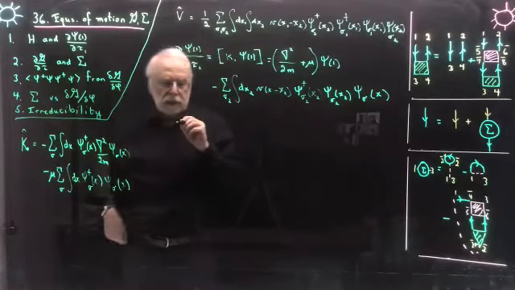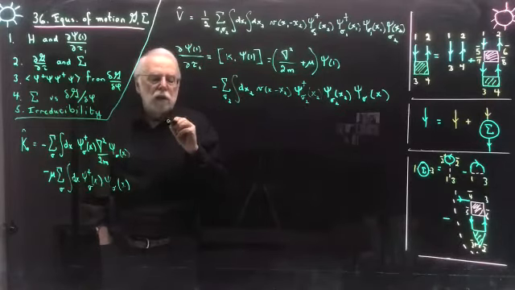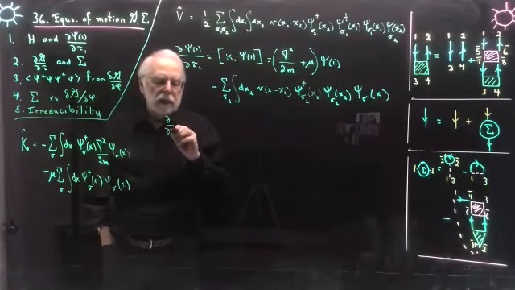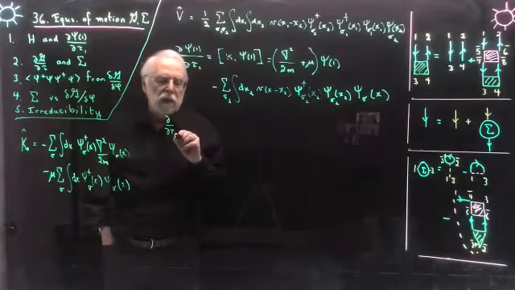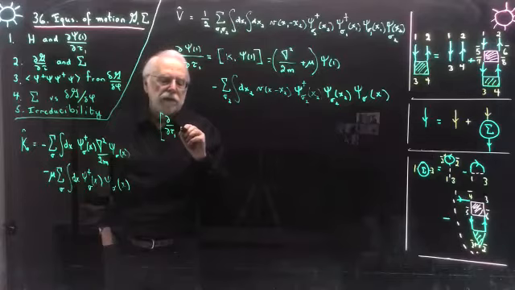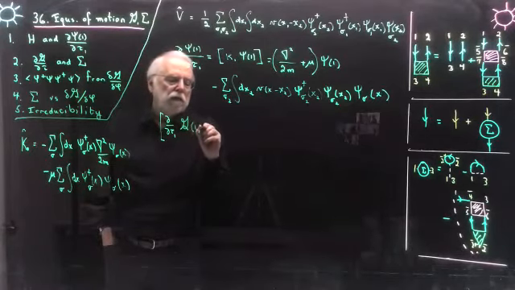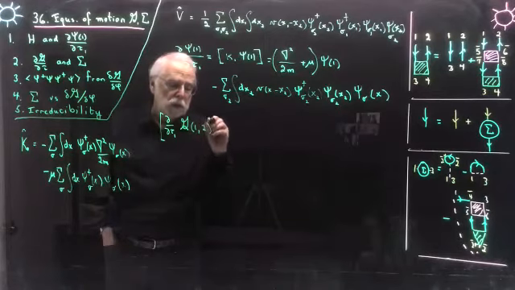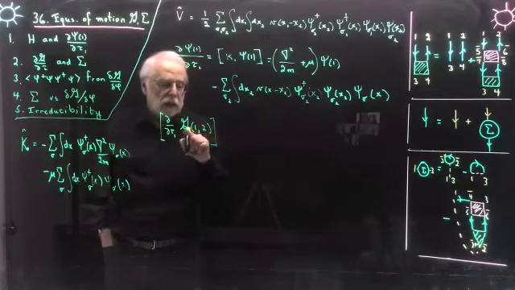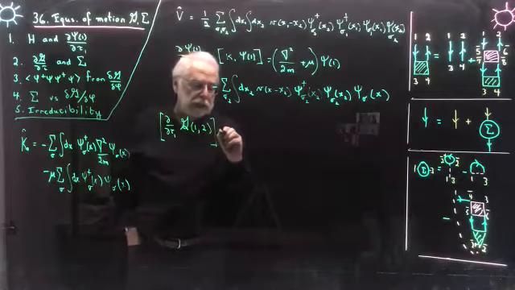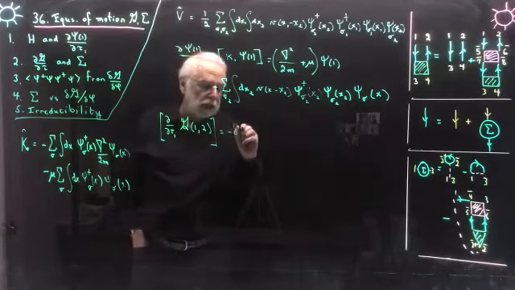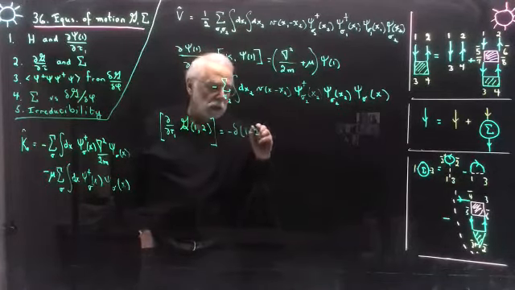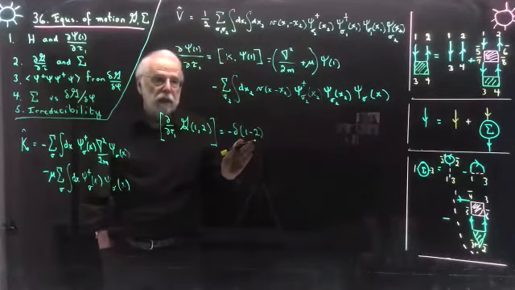Okay, why? Because now if I do d tau 1 of G of 1, 2, there's a term that is equal to minus delta 1 minus 2. Remember why?